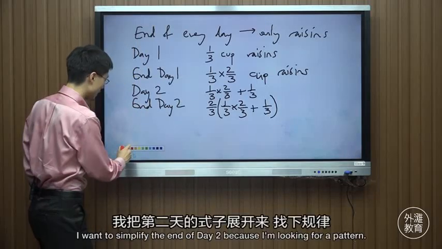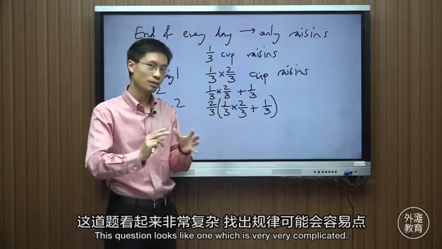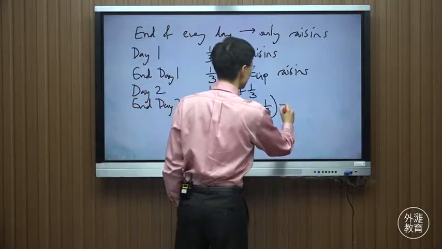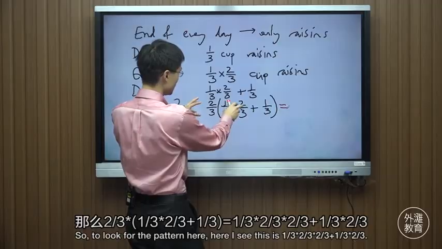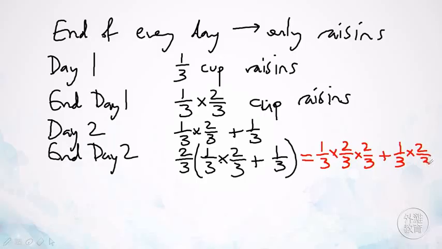I want to simplify the end of day 2 because I'm looking for a pattern. This question looks like one which is very, very complicated. So to look for the pattern, I see this is 1/3 times 2/3 times 2/3 plus 1/3 times 2/3. Interesting.